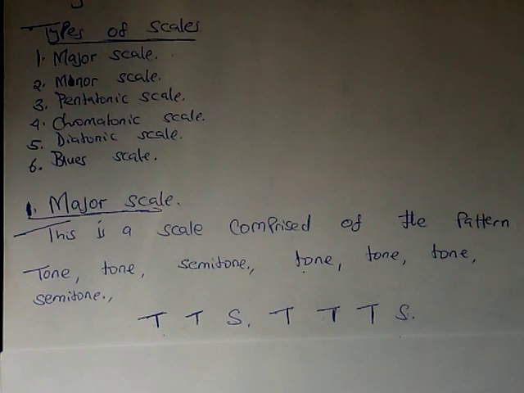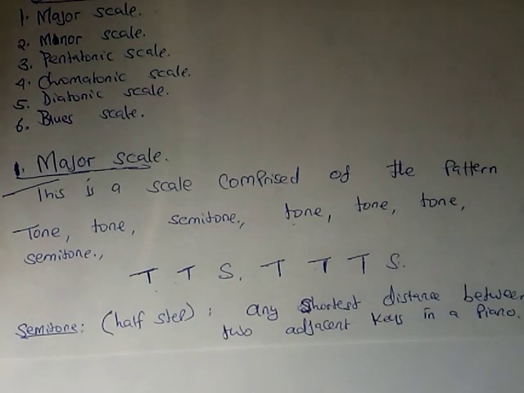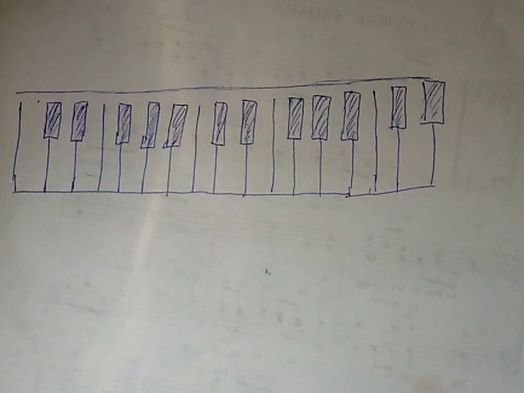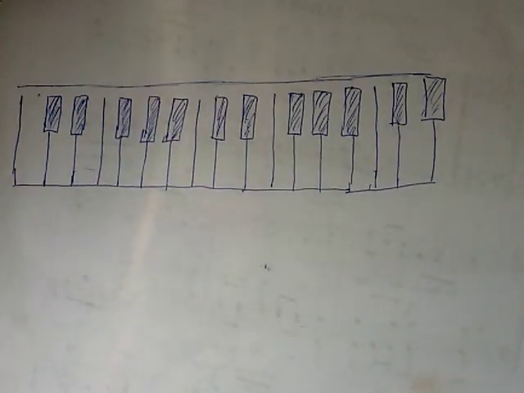A semitone, also called a half step, is the shortest distance between two adjacent keys on a piano. Take for example the piano sketch on the screen. By adjacent key, we mean the next immediate key.